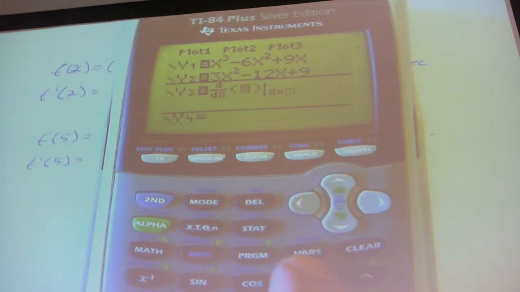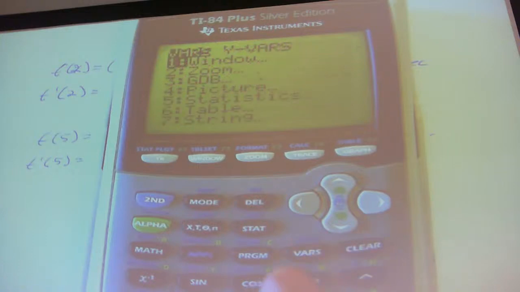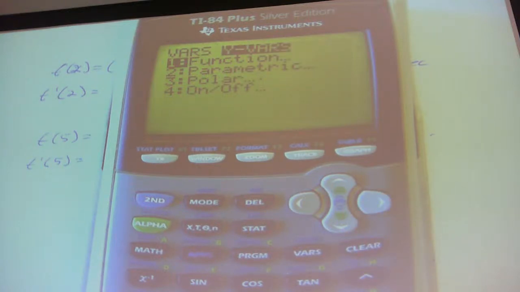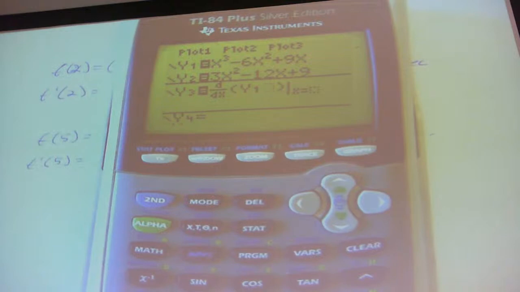Everyone push vars. It's on the top right. Then push to the right for y vars. Push number 1 for function. And then where's the original? Choose y1. Choose number 1, and it puts y1 there. Now there's still one more blank. Push to the right, and the last blank is an x. So it's x, y1, x.